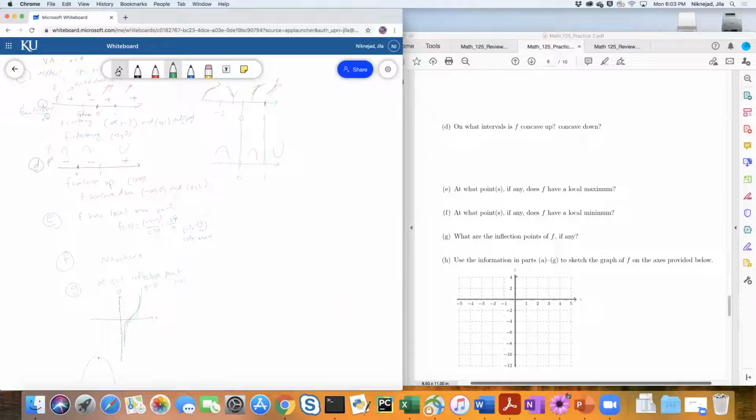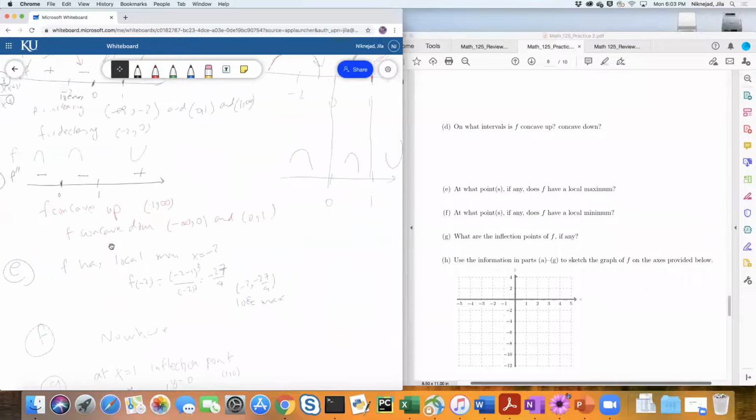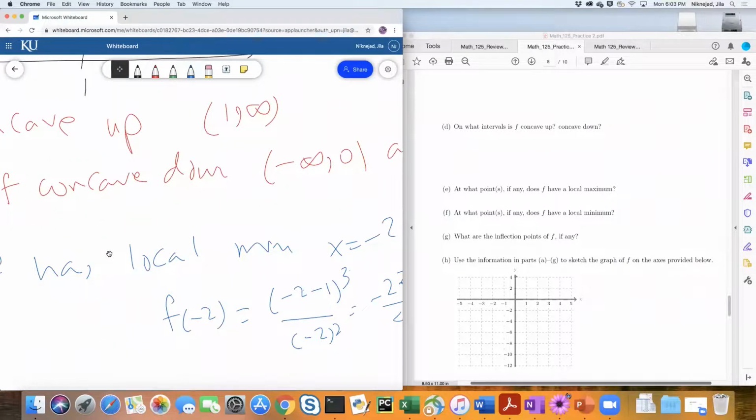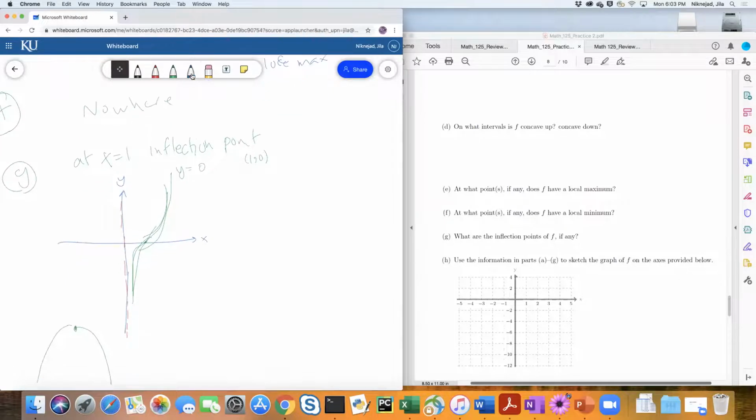So now let's make it a little bit bigger. There we go. Okay, so basically what I saw was that before the inflection, over here it looks like this, and then looks like that, and that's the local max, and that's the shape of the graph.